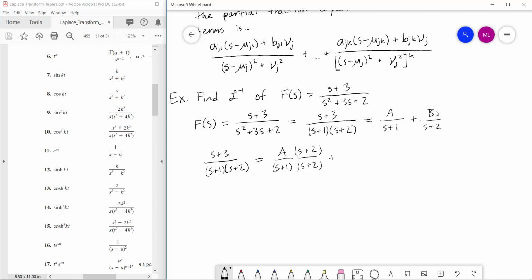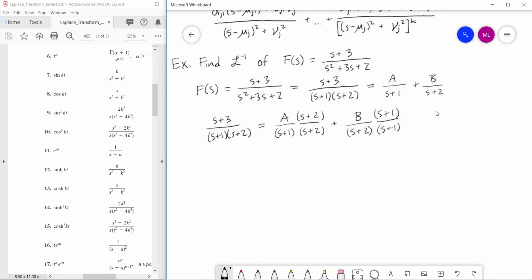For the second one, it's b over s plus 2, and I need to multiply it top and bottom by s plus 1.